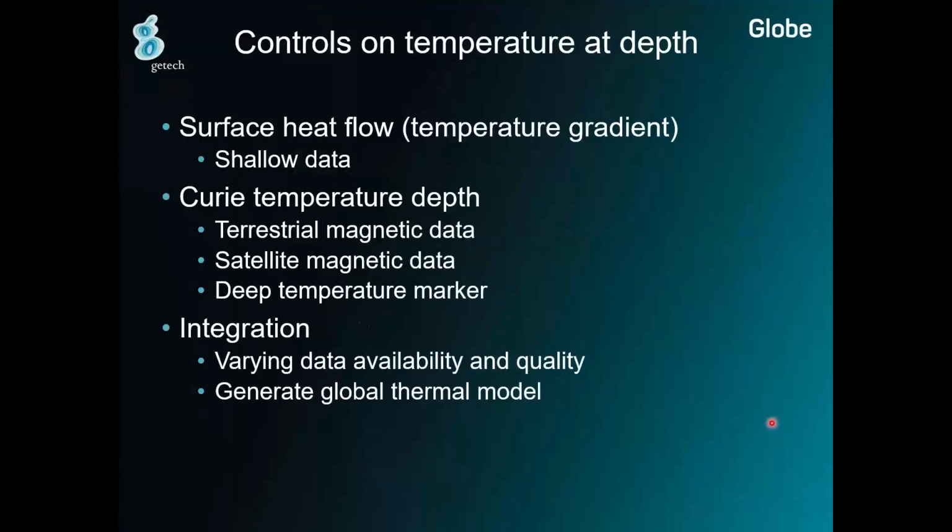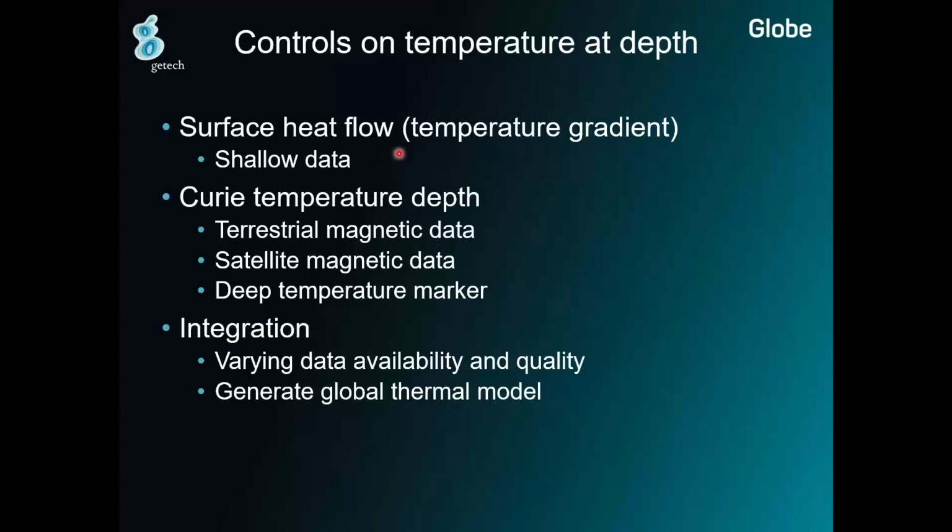So what are the controls on temperature at depth? Well, of course, we can measure surface heat flow, which essentially is measuring the temperature gradient close to the surface. These are relatively shallow estimates, some very shallow from simple probe measurements, some rather deeper from wells, but they're all certainly at the top of the crust.